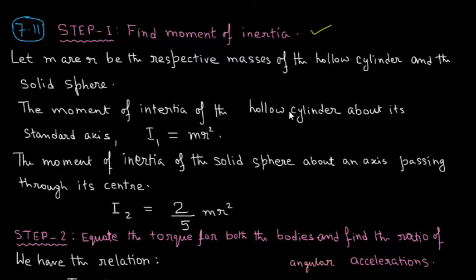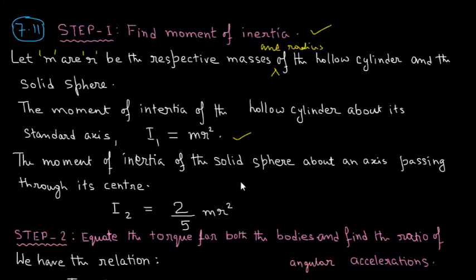So the moment of inertia of the hollow cylinder about its standard axis is I1 equal to mr square.